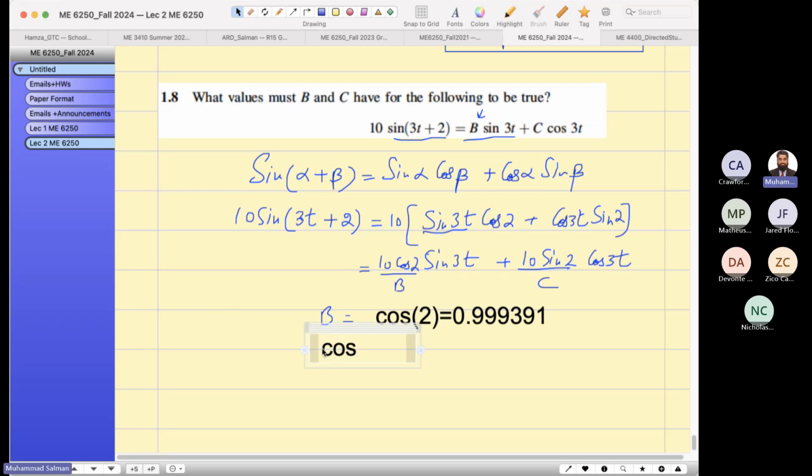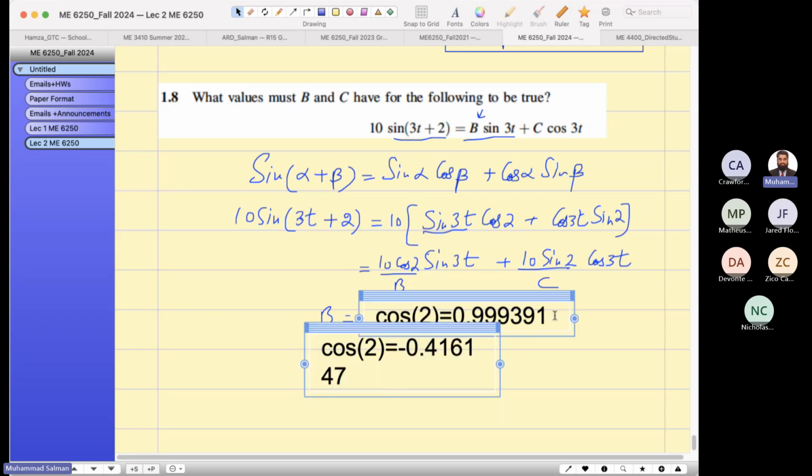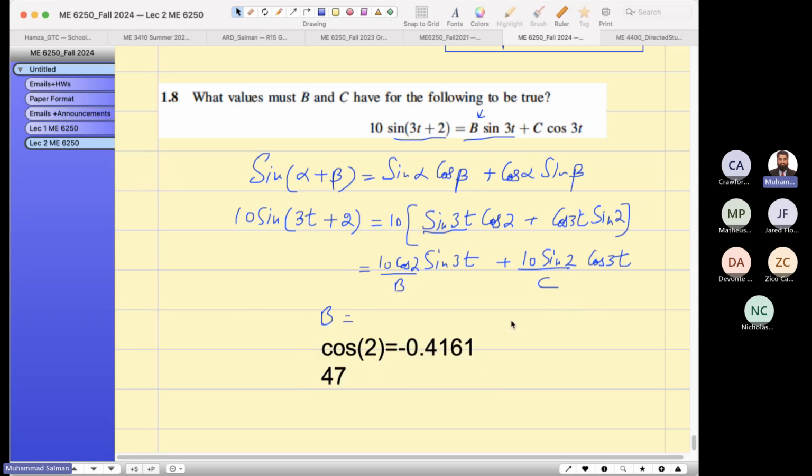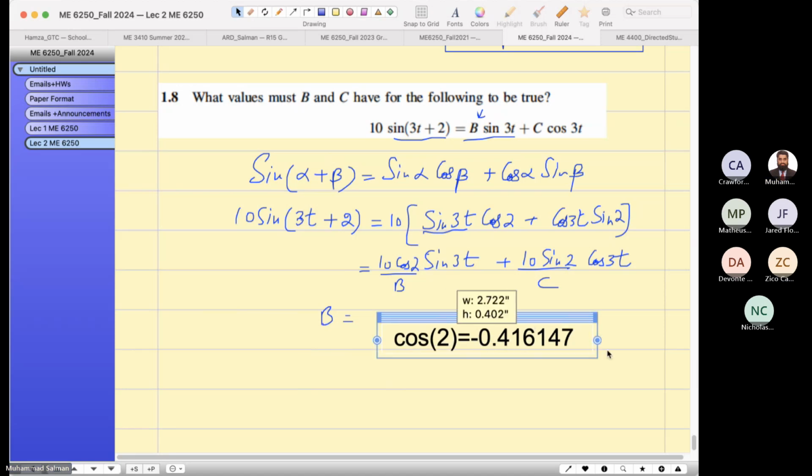Okay, let me double check. Cosine 2 in radians. Yes, this is correct. Now the other one is in degrees, which should be in radians units. So b equals -4.16. What happened?